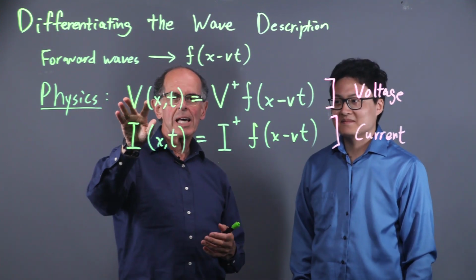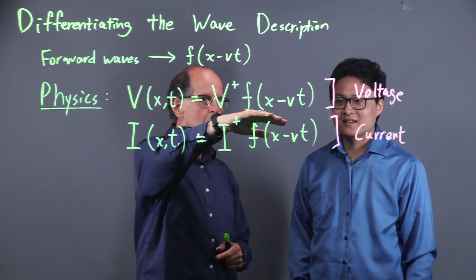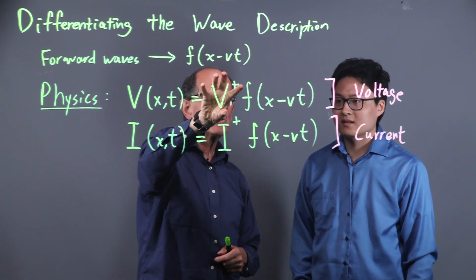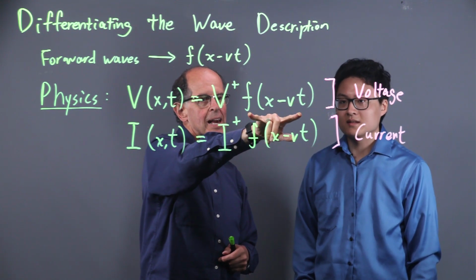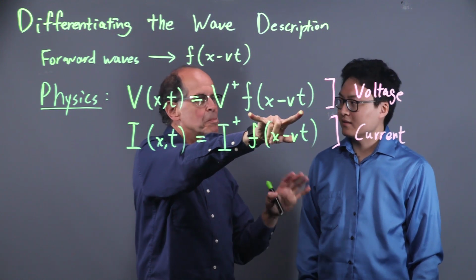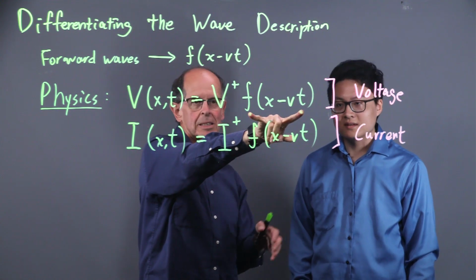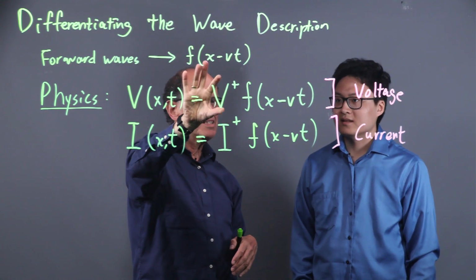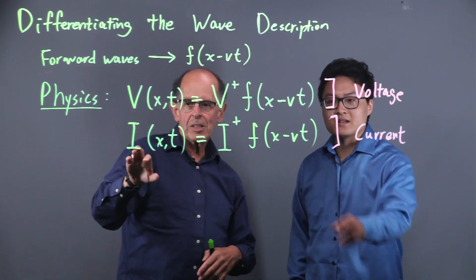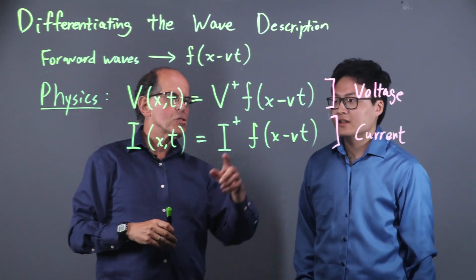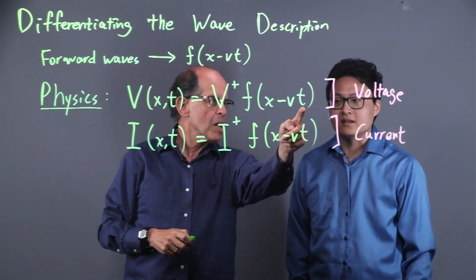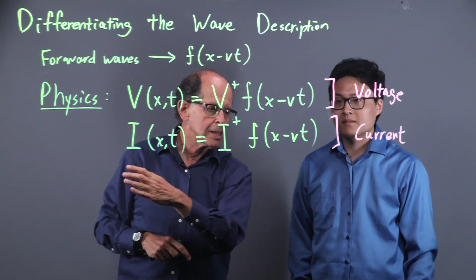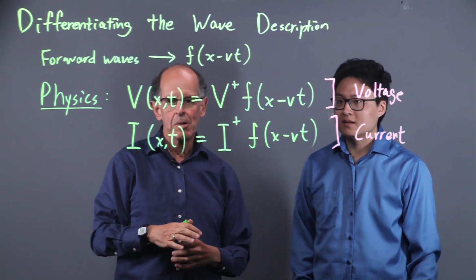Let's assume that we have a wave with this function f with an amplitude V plus, and f has an absolute maximum value of 1. So the maximum of the wave will have a height of V plus, and it's traveling in the forward direction. This is a forward wave. As time increases, x increases, so it's a wave traveling along the x-axis to the right.